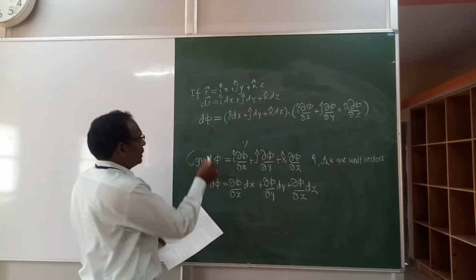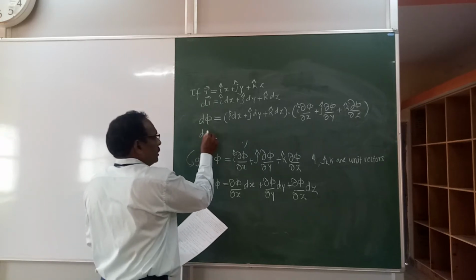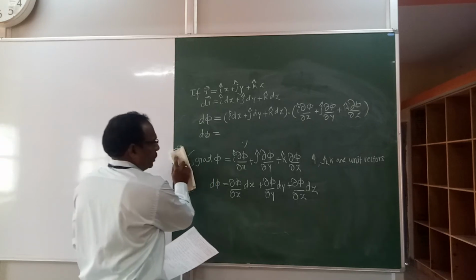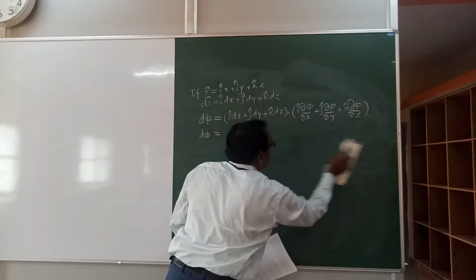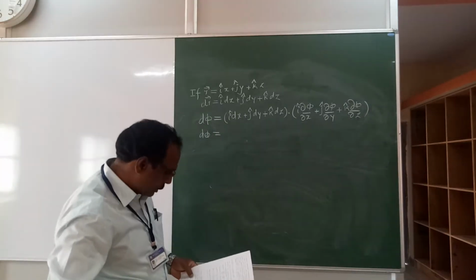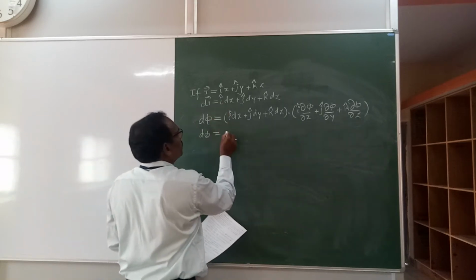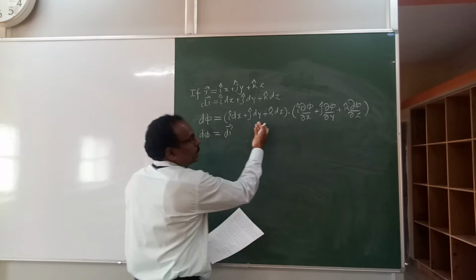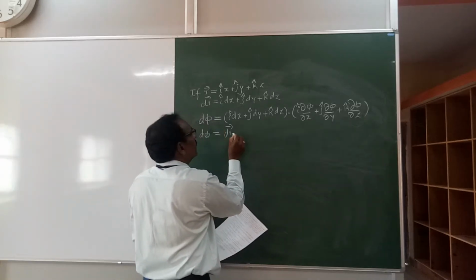I treat this as d phi is equal to dr dot grad phi, where dr is the position vector differential, and this is how we have defined grad phi.